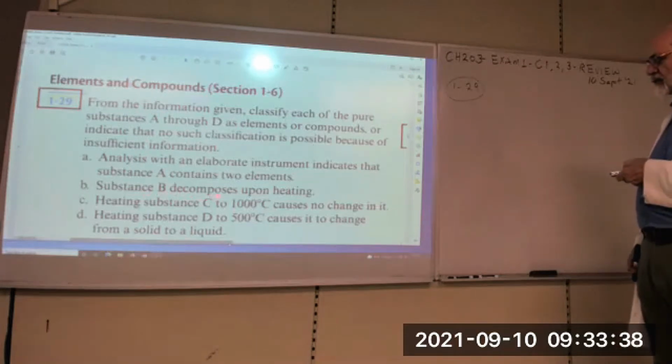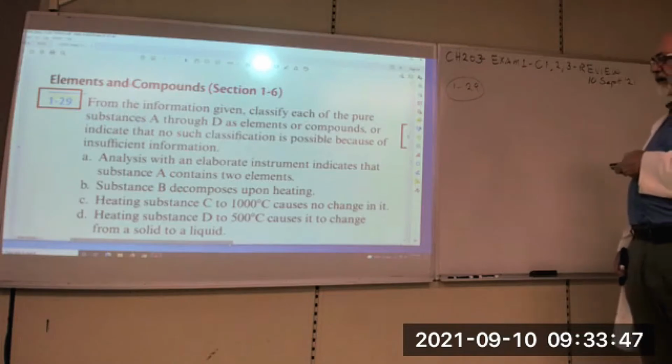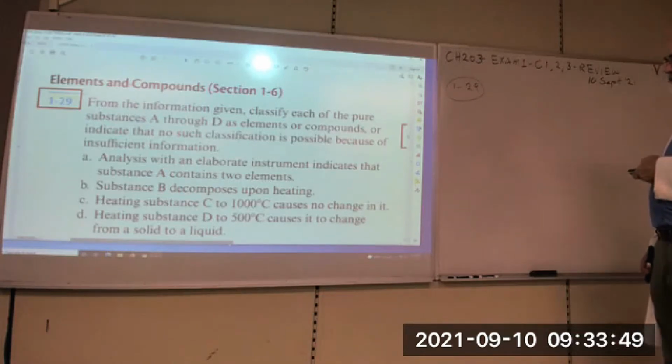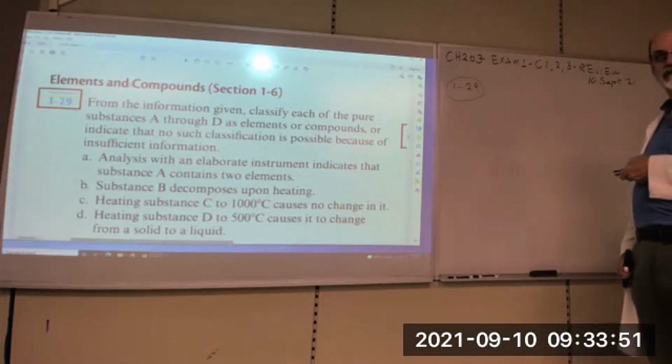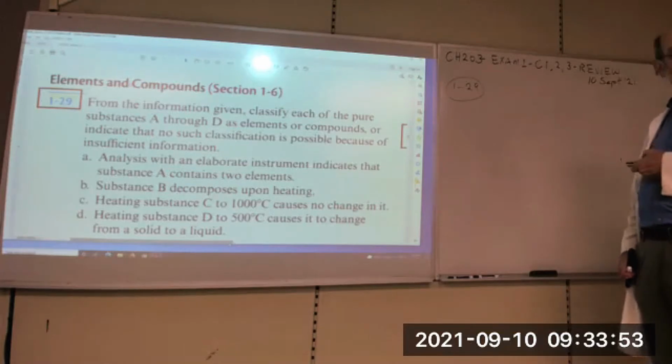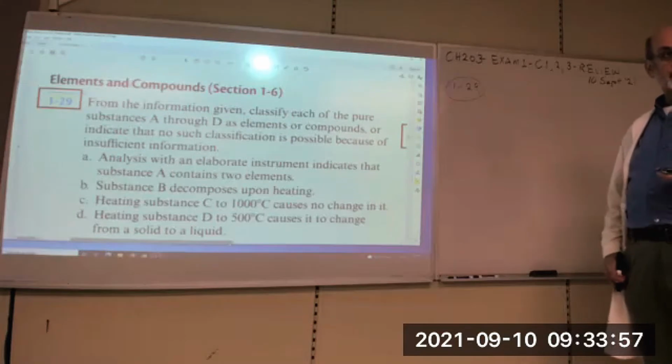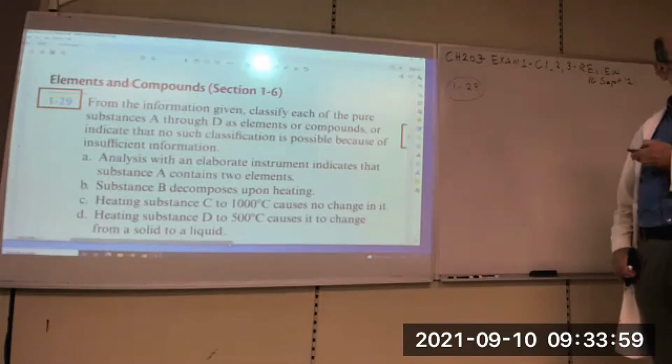Heating the substance to 1,000 degrees causes no change in it. Well, let's see. What if that were an element? That would be true. Heat it to 1,000 degrees, there's no further change because in order to change it, we'd have to bust up the nucleus if it were an element.